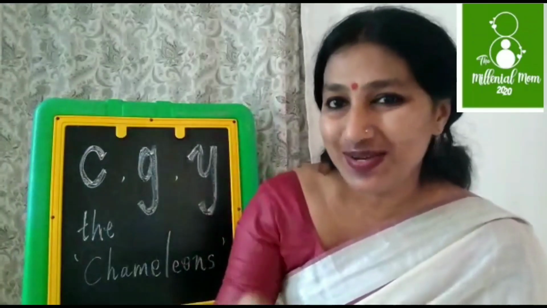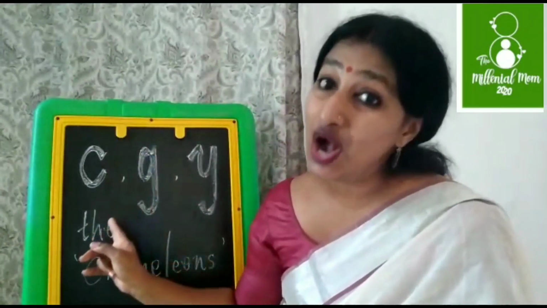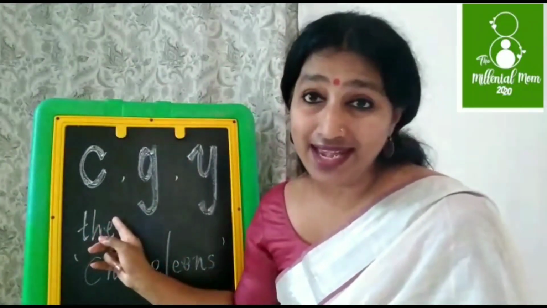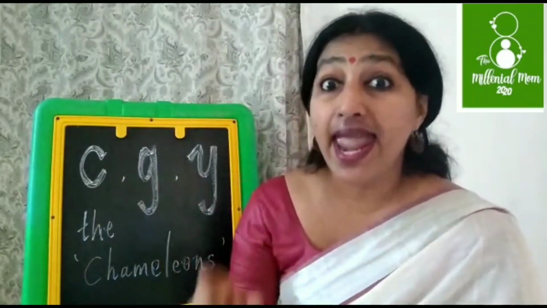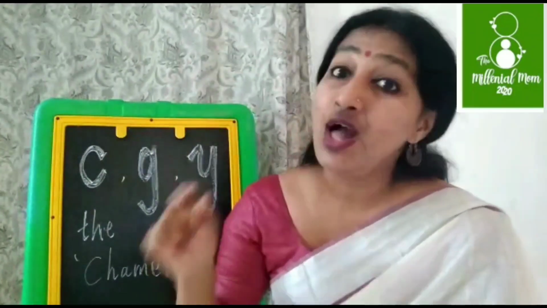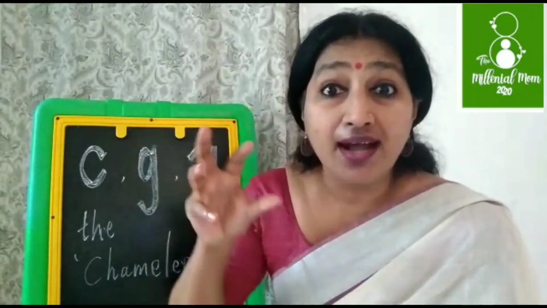Now we are going to look at 3 new letters which are called the chameleon men in the alphabet. I call them that because they are like chameleons. Have you seen a chameleon? What does a chameleon do? A chameleon is an animal that changes its color to gel with the environment it is in.